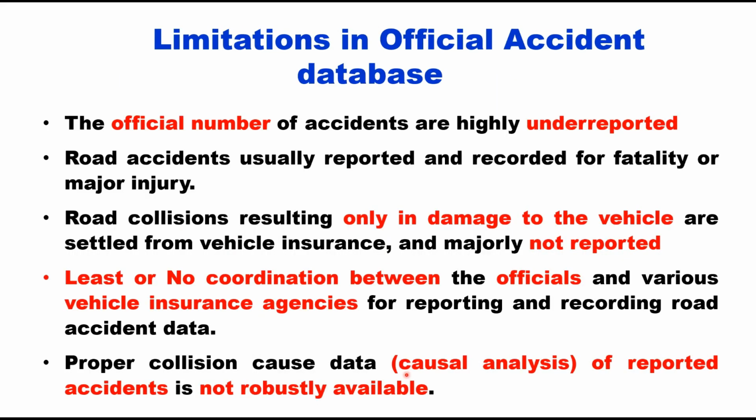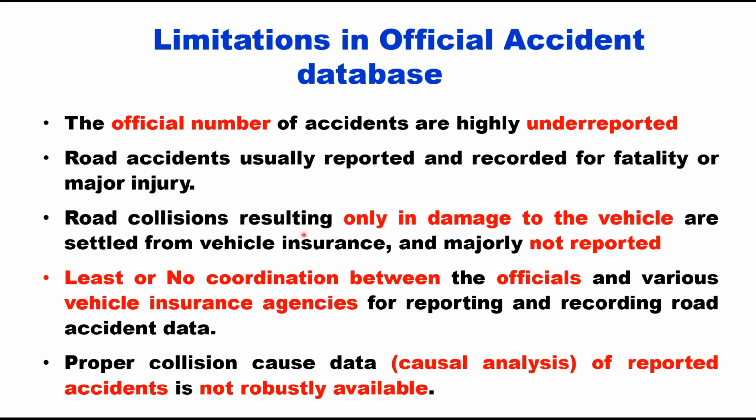Now, there are several limitations of the official accident database, and many reports have indicated that the official number of accidents is highly underreported. Road accidents are usually reported and recorded for fatality or major injuries, and they are not followed at hospital level.